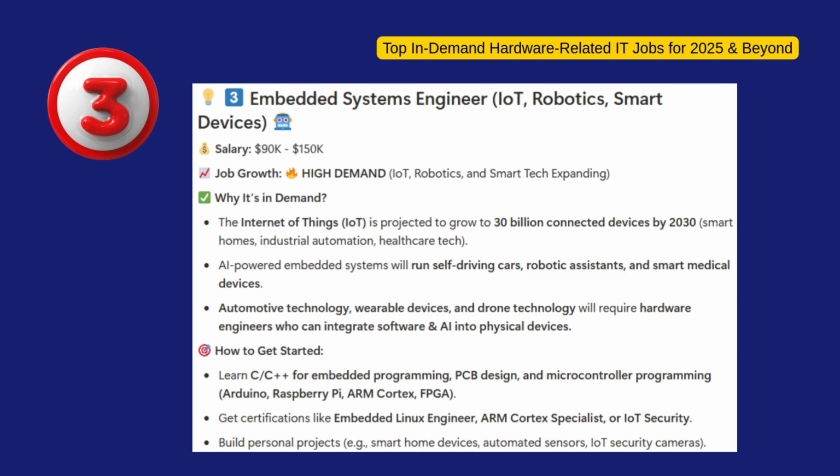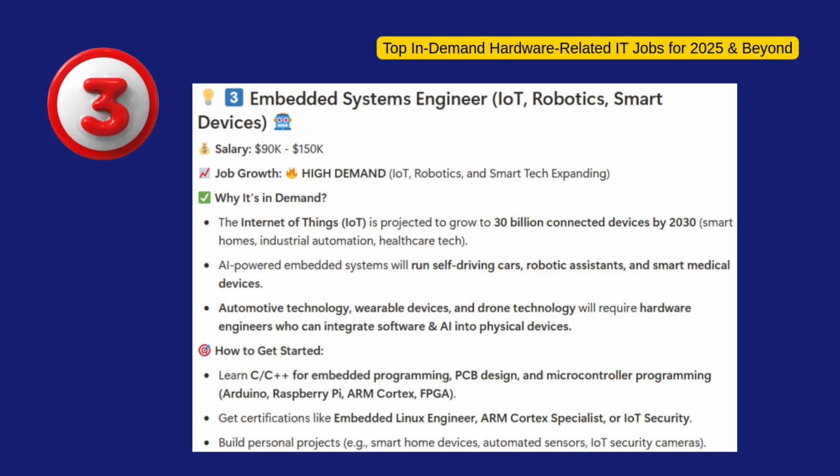So that's smart homes, industrial automation, healthcare tech, and these AI-powered embedded systems will run things like self-driving cars, robotic assistants, and even smart medical devices. And automotive technology, wearable devices, and drone technology also require hardware engineers who can integrate software and AI into physical devices.